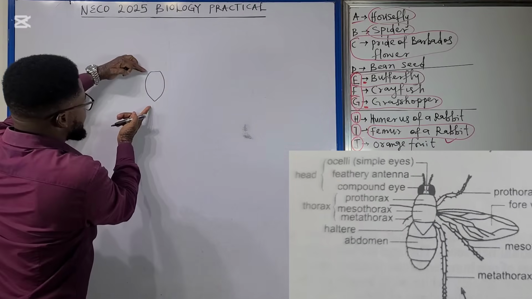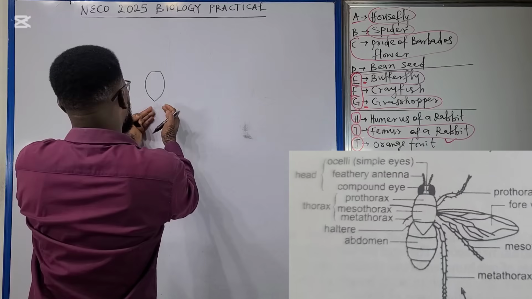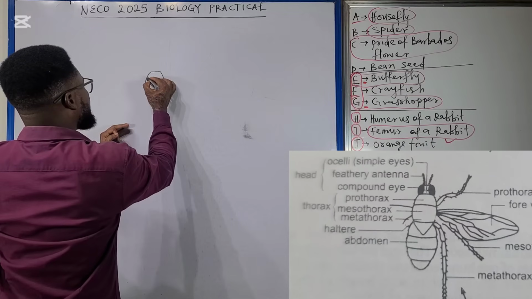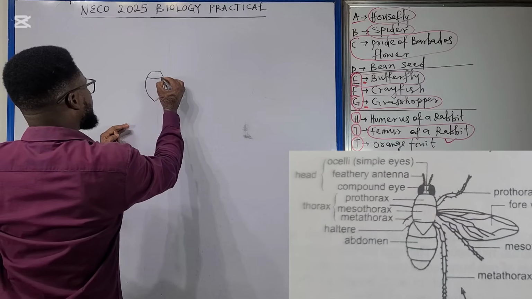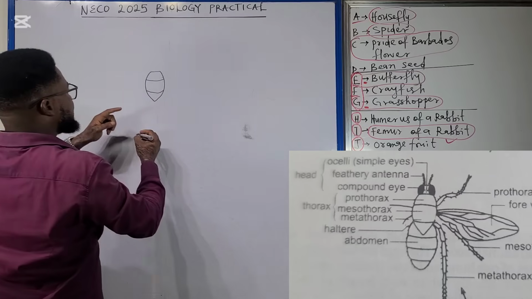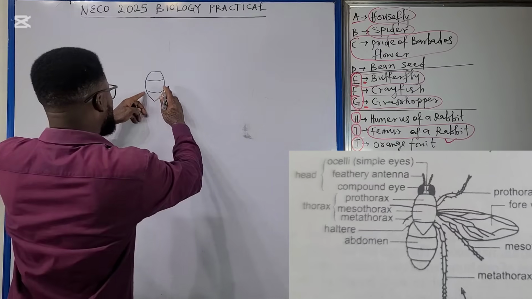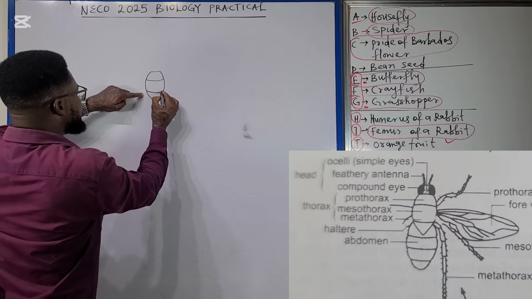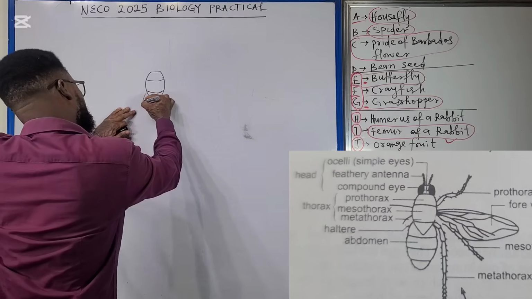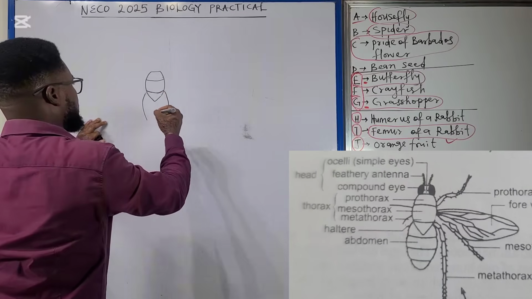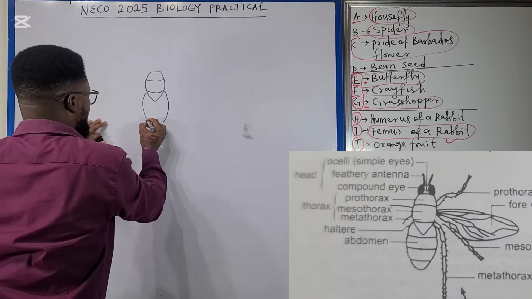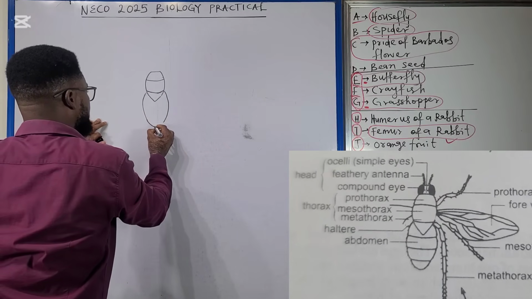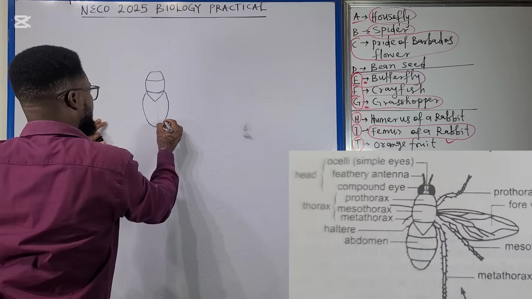Then you see this thorax, we then divide it into 3 segments. Having done that, the next thing is for us to then draw the abdomen from where the third segment ends. Something somewhat like this, but this time around a bit spherical, not oval.